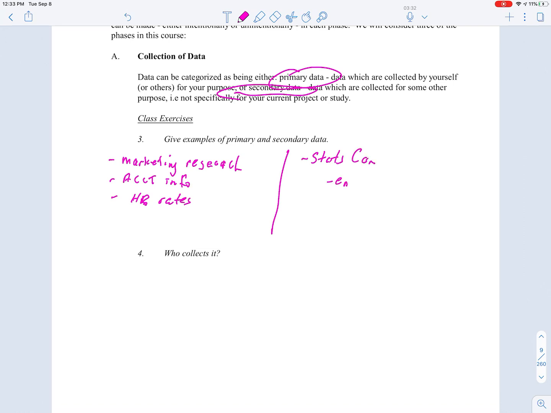That might be the employment statistics, and it could be things like population numbers and so on. You can use that in some way, but it wasn't collected for you. It was just collected in general, or it could be collected for somebody else.